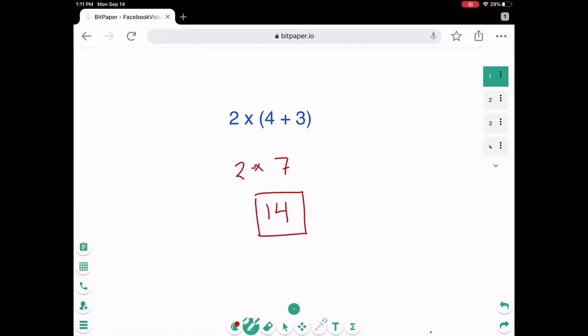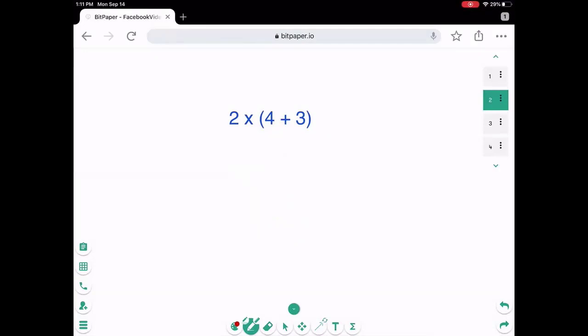But for the sake of our example, let's use the distributive property. The distributive property of multiplication allows us to put this 2 inside the parentheses and apply it to each of the terms inside our expression here. So we would multiply 2 and 4 and 2 and 3.